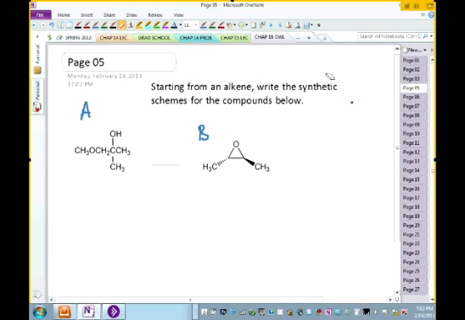So can anybody, taking a look at this? Okay, you see your ether functionality here, right? You see this hydroxy here. Remember I told you earlier that using the epoxy group, you could make ethers by using a nucleophile to open the epoxy, right? Keeping that in mind, what do you think we're going to start with? Starting with an alkene.